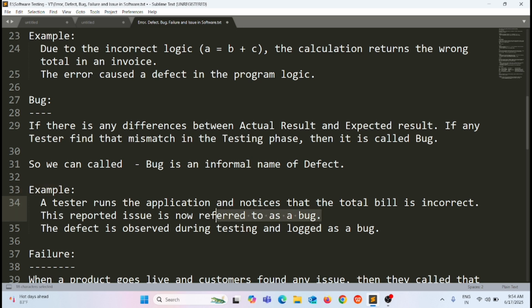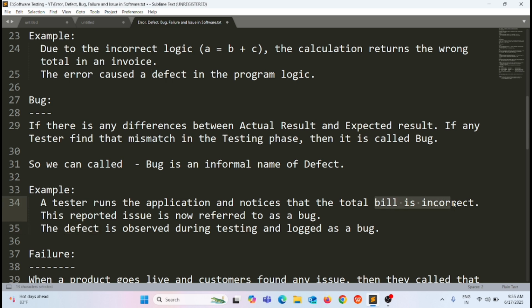Why is it reported as a bug? Because the tester ran that application and found that issue. That's why the reported issue is called a bug. So the defect is observed during testing and logged as a bug. It means suppose the developer missed that defect. So always make sure that the bill is correct.